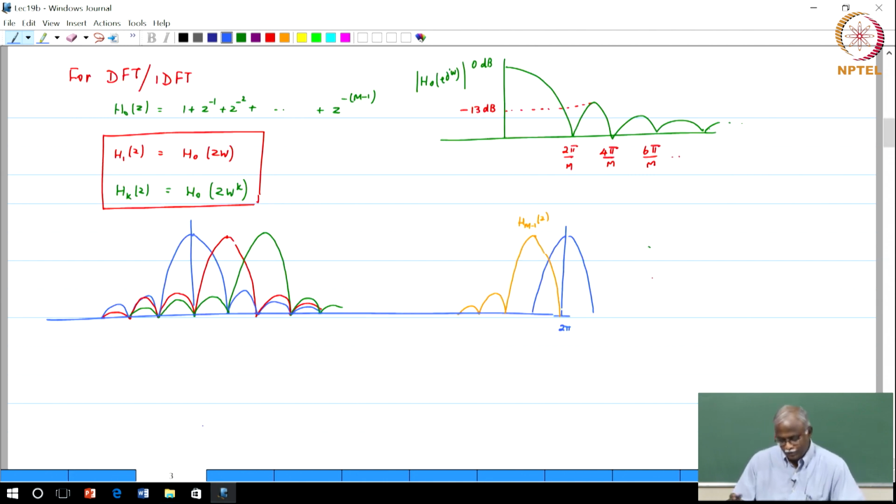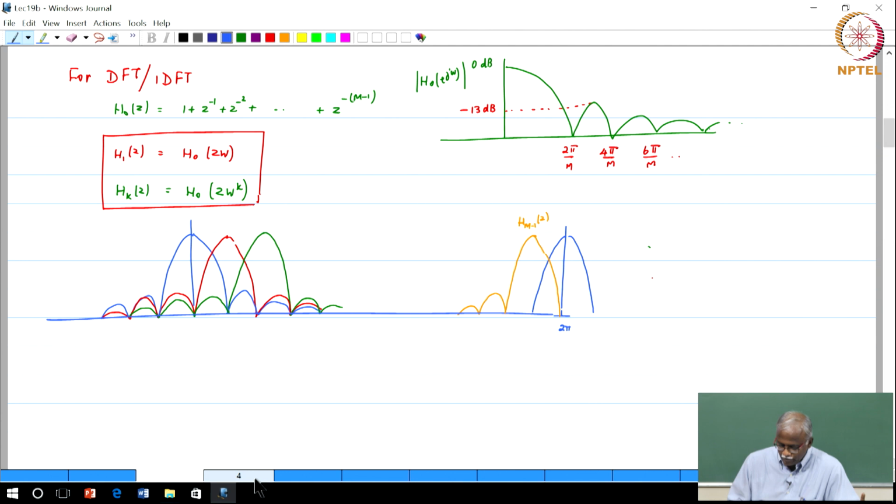And we showed that this is pretty much what we are doing when we take the DFT or the IDFT for that matter. So basically we have a bank of filters which are giving you readings which can be interpreted as the spectral analysis of the input signal.